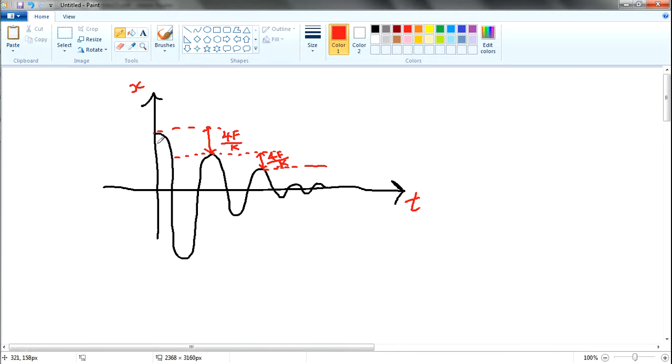So the amplitude drop between this point and this point within one cycle is 4f over k, and another cycle is also another 4f over k, and another cycle is another 4f over k. So we're going to prove that.